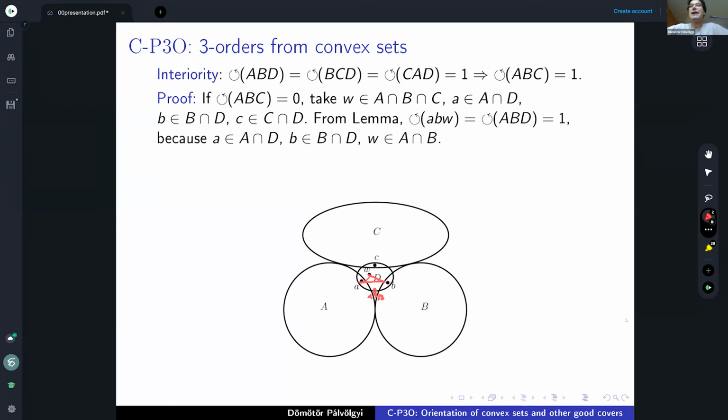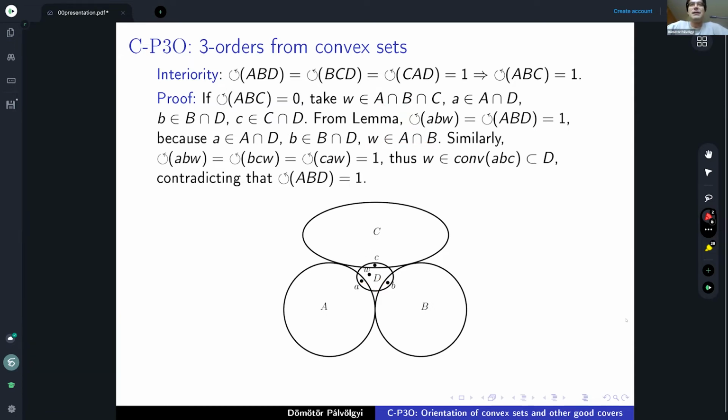Here I use that W is in the intersection of A and B. That's the property that I use. Oh, I also wrote it there. Okay. So because of that, we know that ABW is 1. We know this thing. This was a condition, and we'll know that then this is also 1. And similarly, I can do the same with BCW and CAW.